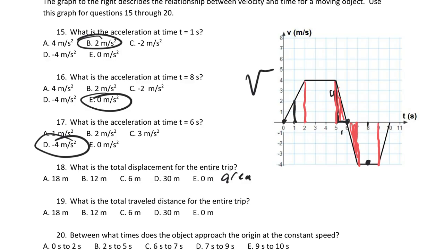Okay, so the area of this triangle equals 4 times 2 divided by 2.